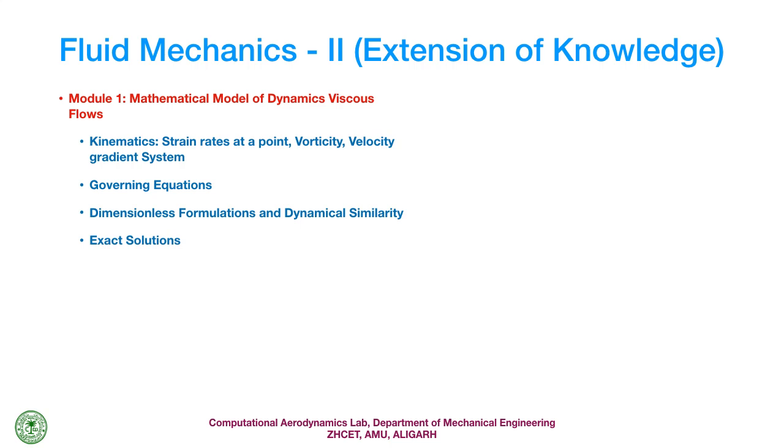We will discuss the kinematics of the strain rate at a point, the vorticity, what we mean by vorticity, and what the velocity gradient tensor is. Then we will try to develop the governing equations. Then we will also show you the dimensionless formulation and the dynamical similarity.